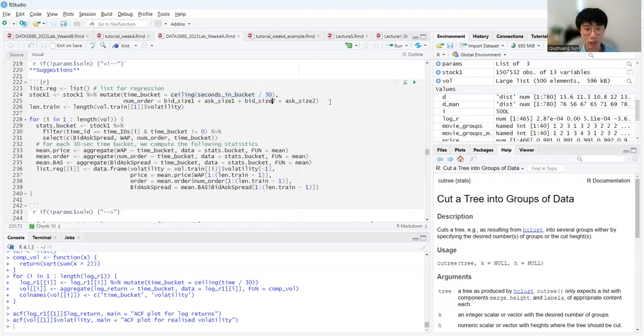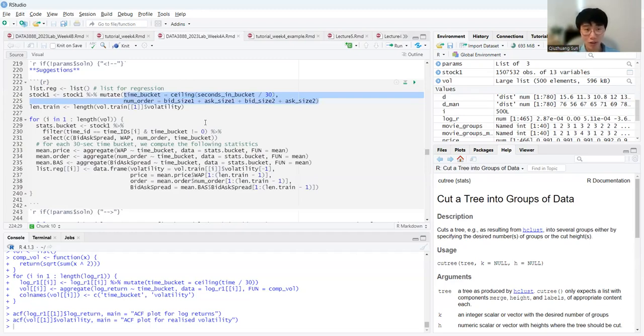And now with these two columns added, I can use a for loop to compute the corresponding design matrix. Now what covariates do I need to compute? Three covariates, right? The mean weighted average prices in the previous period, the mean number of orders in the previous period, and the mean bid-ask spread in the previous period.